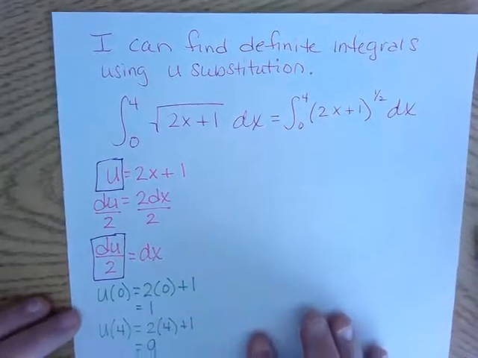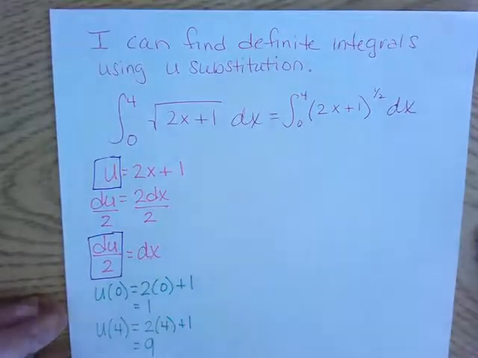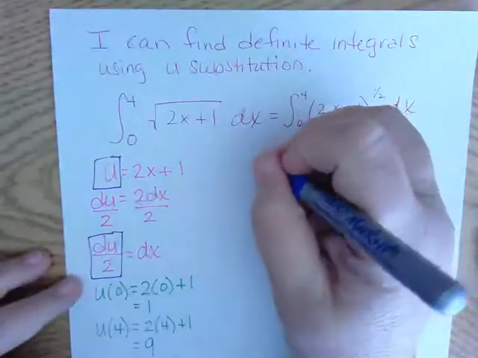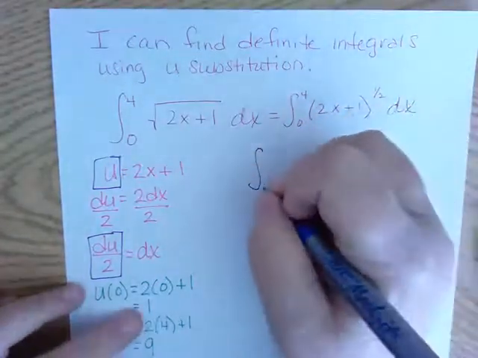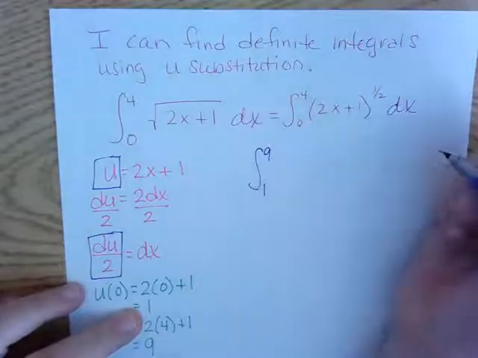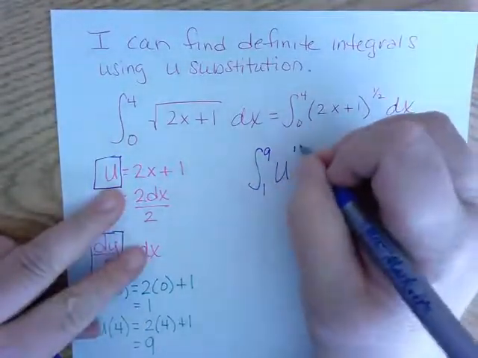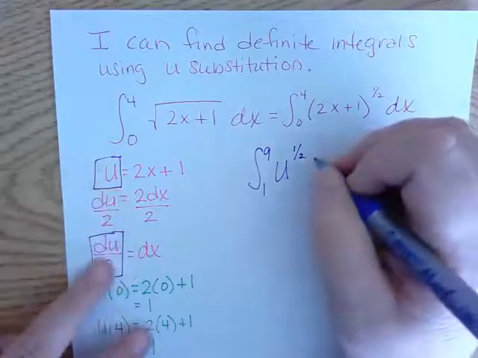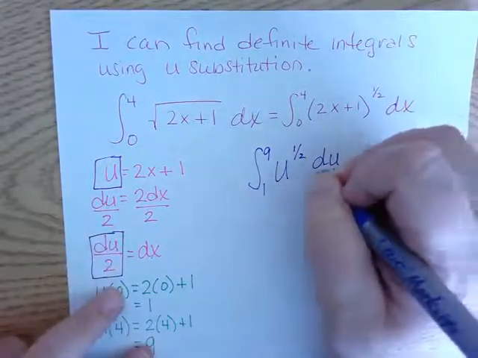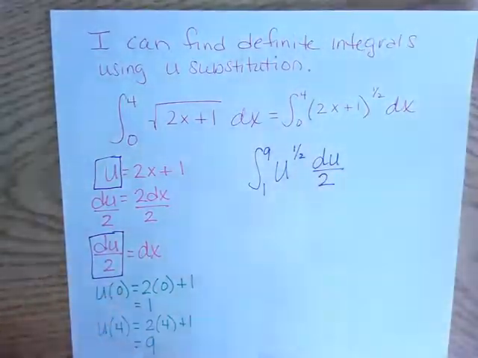So my integral is actually going to be the integral from 1 to 9 of u to the 1/2 du over 2.